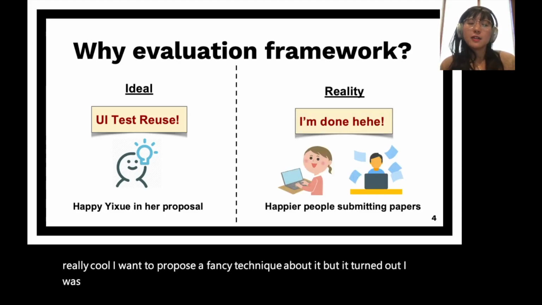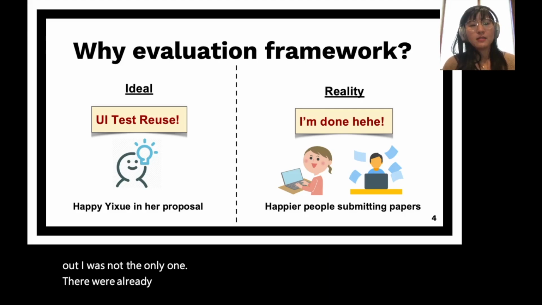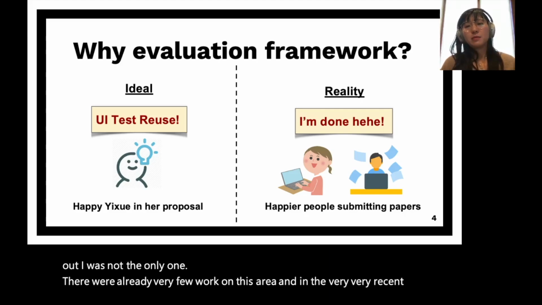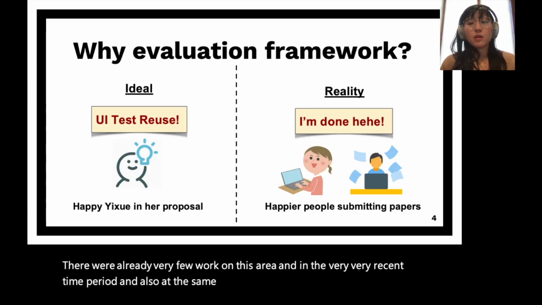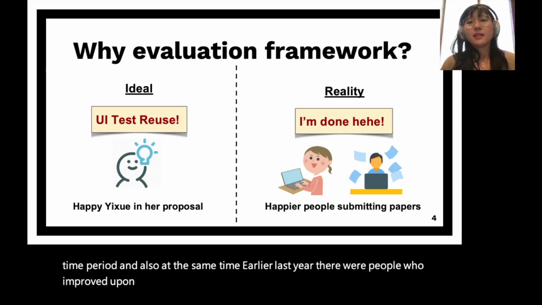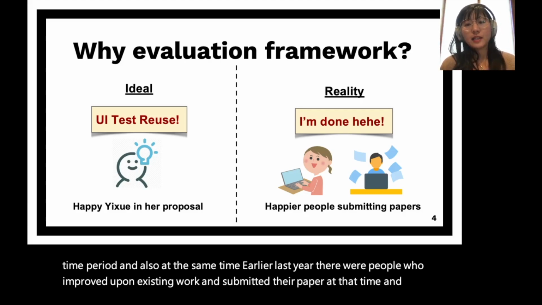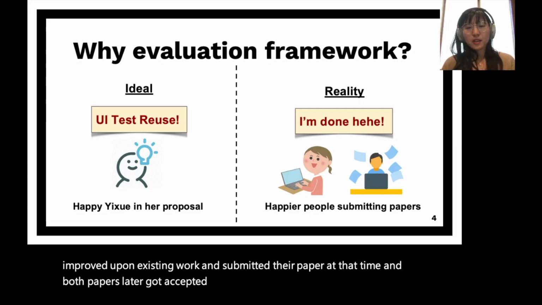There were already very few works in this area, and in the very, very recent time period. And also at the same time, earlier last year, there were people who improved upon existing work and submitted their paper at that time. And both papers later got accepted at ASE conference last year.